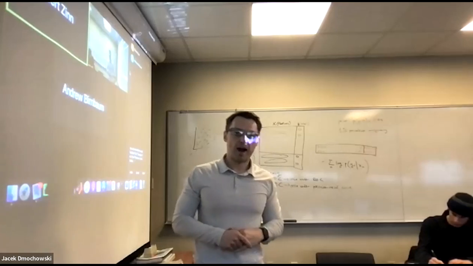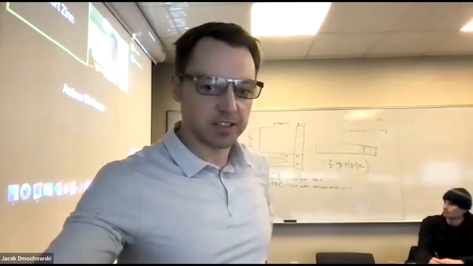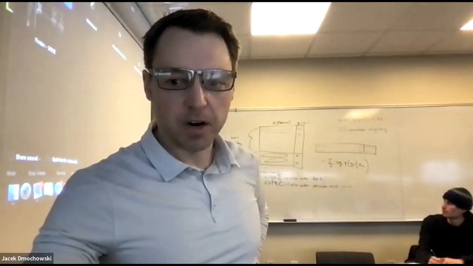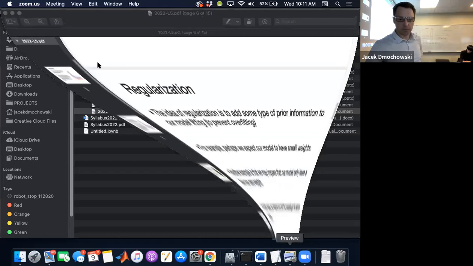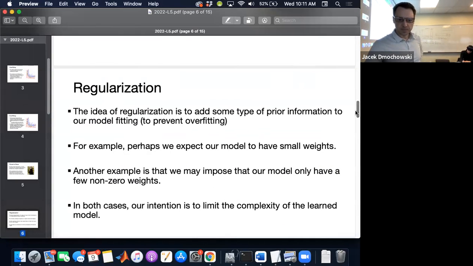So you have to be careful with how many models you actually sweep through. But in theory, we know what to do. We know that we need to get good performance on new data.